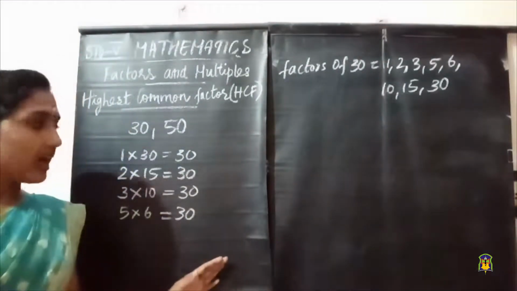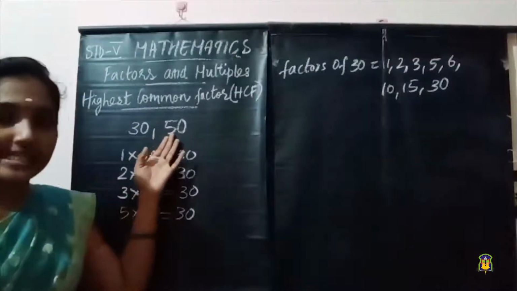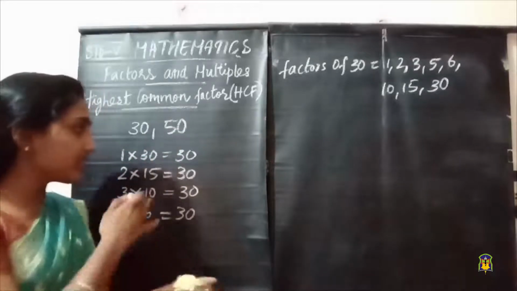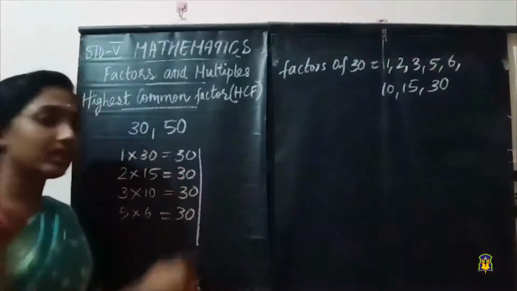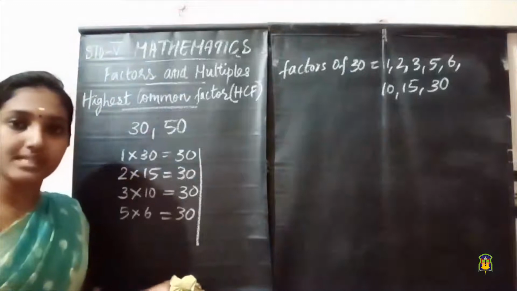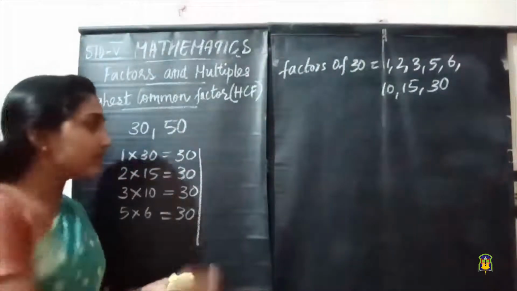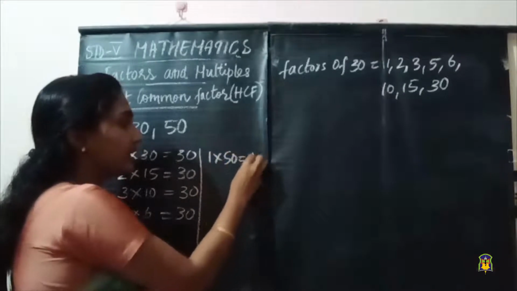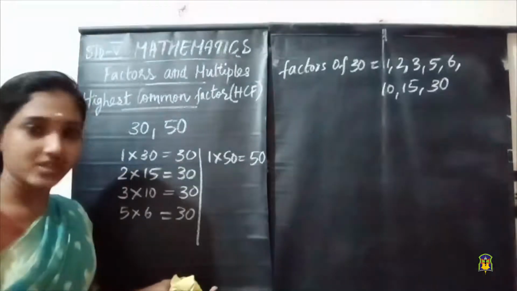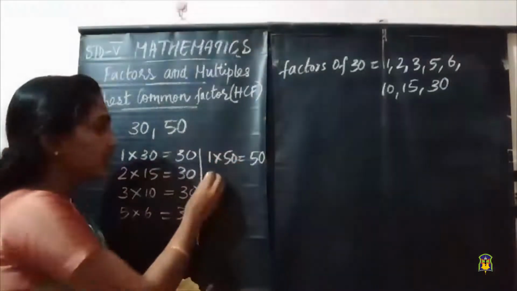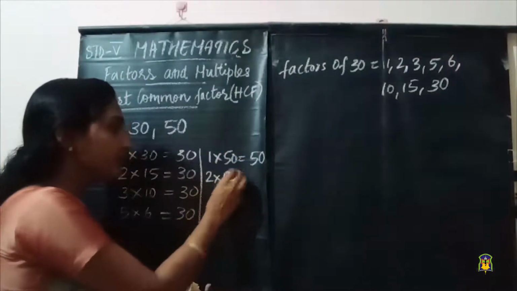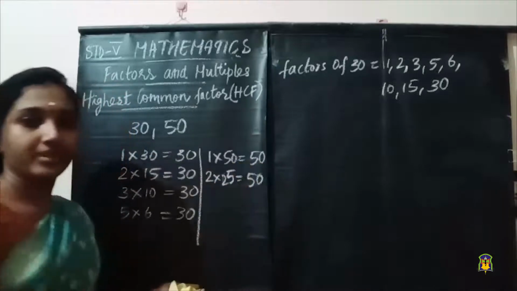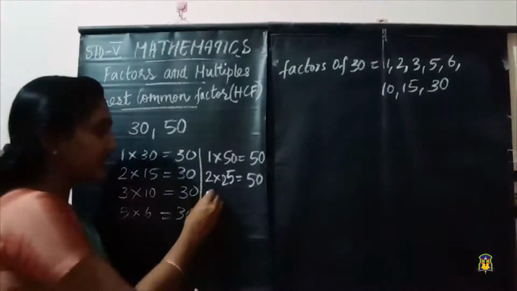Okay. So now we will go for our next number, that is 50, and we will find out the factors of 50. The same way we will check for the pairs of numbers which give the product 50. So which numbers give the product 50? 1 into 50 gives 50. Then from the table of 2, 2 into 25 gives 50.